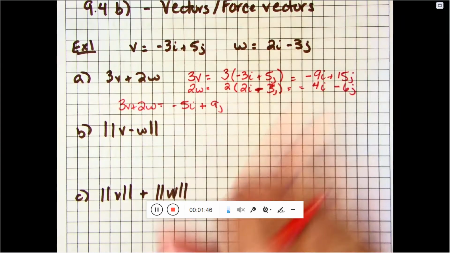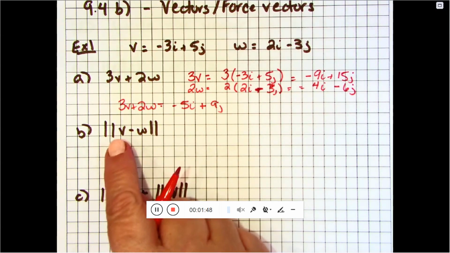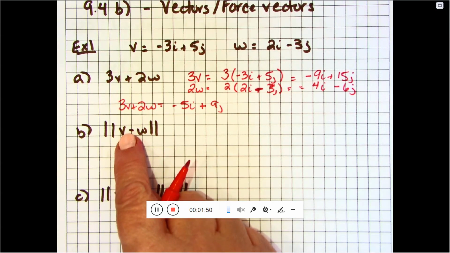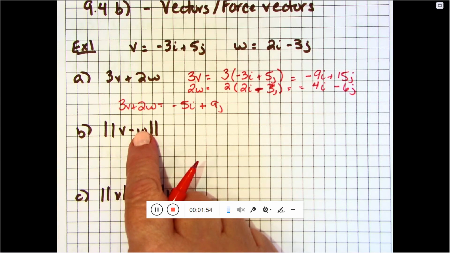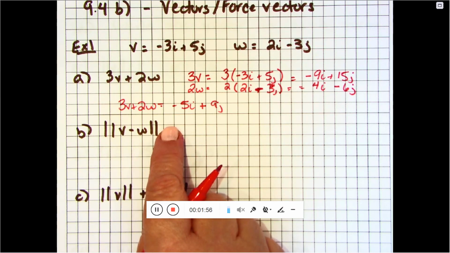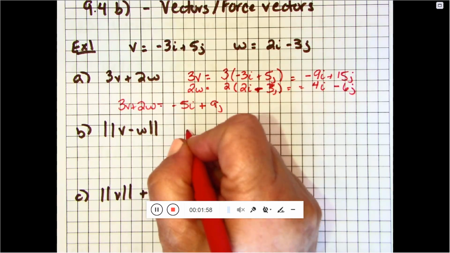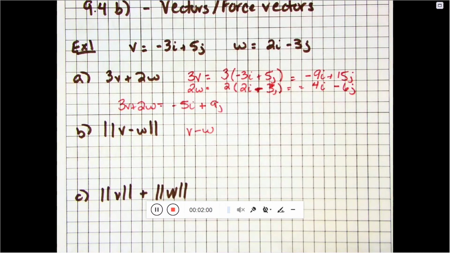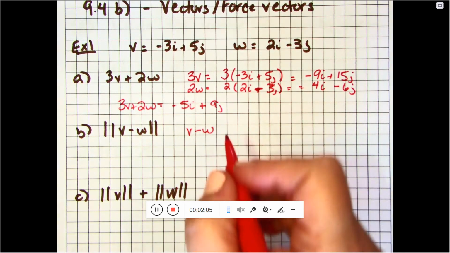Okay. Now this is a little bit different quantity. This means take vector v, subtract vector w, and remember the double bars mean then find the magnitude. So the first thing we have to do is find vector v minus vector w.